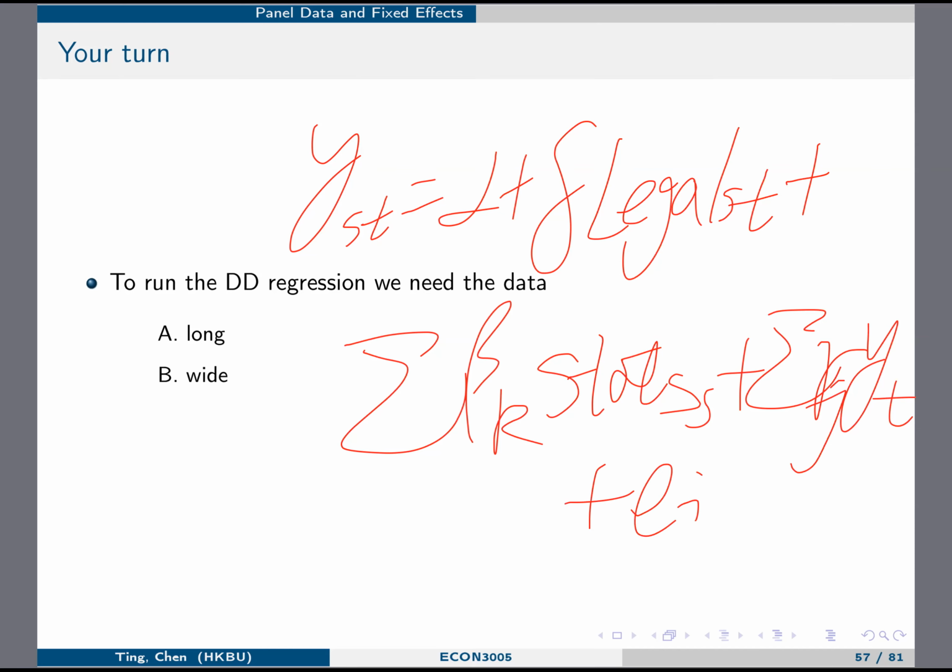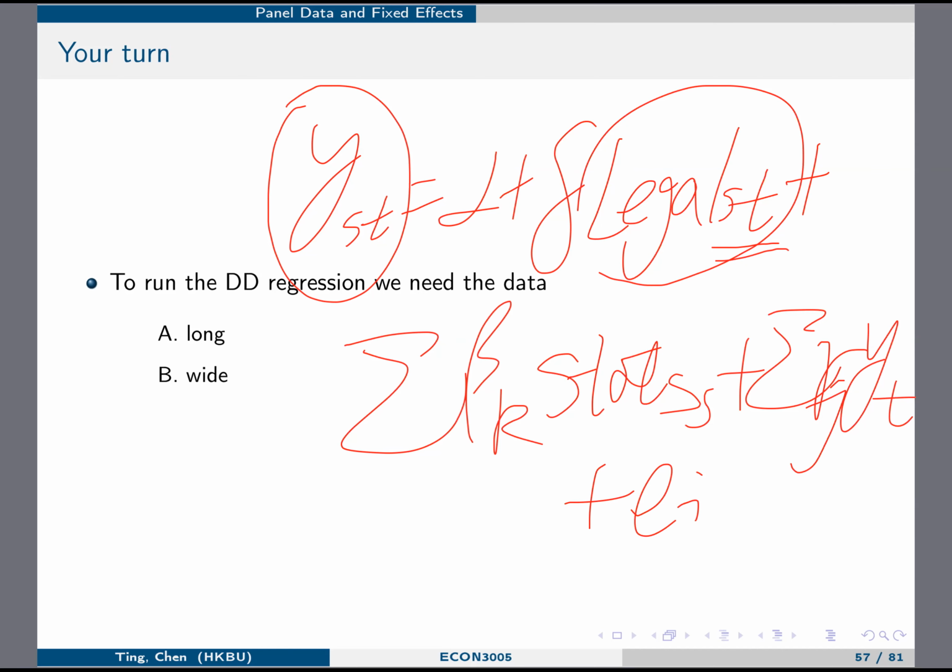So look at this equation. To run this equation, we have to have the data. What data do we actually have? We have the mortality rate and the legal drinking age, and all this data is indexed by state and year.